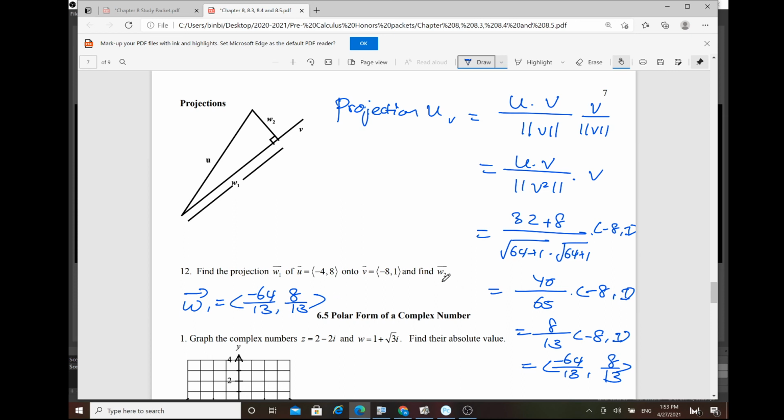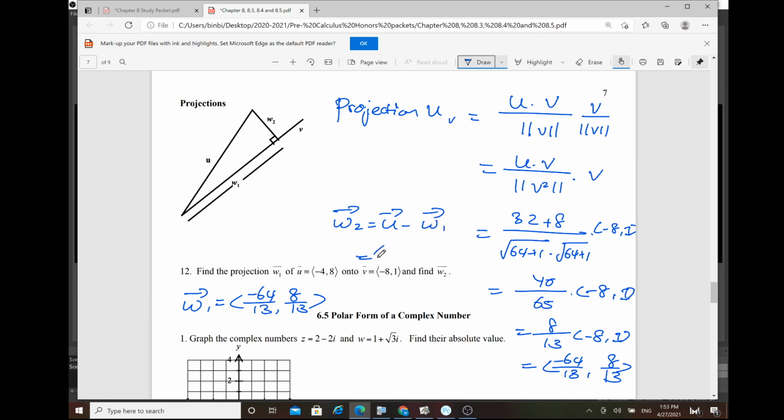And what about that w2? The way to do it, this one is just vector u minus w1. Okay, so vector w2 is just u minus vector w1.